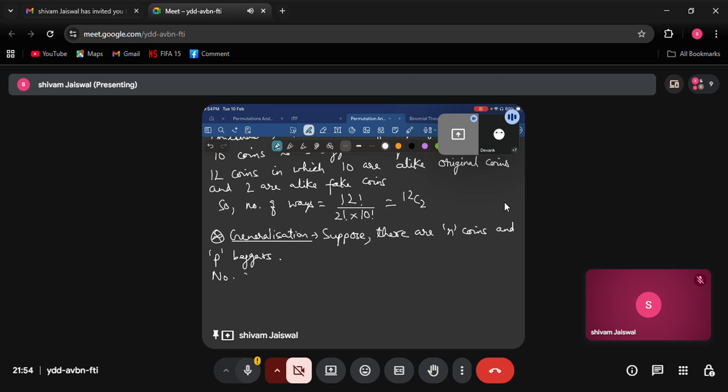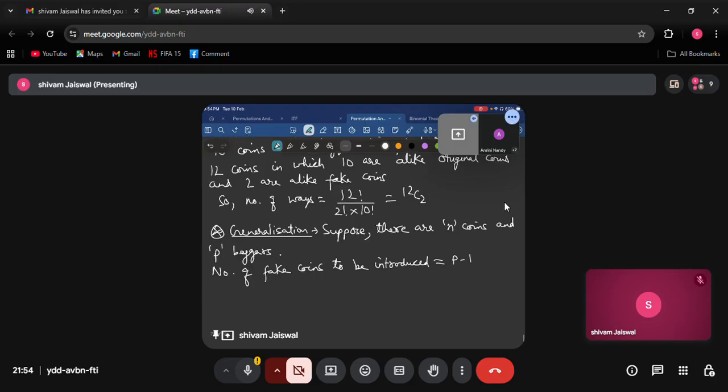So how many fake coins you need to introduce? Number of fake coins to be introduced will be equal to p minus 1.